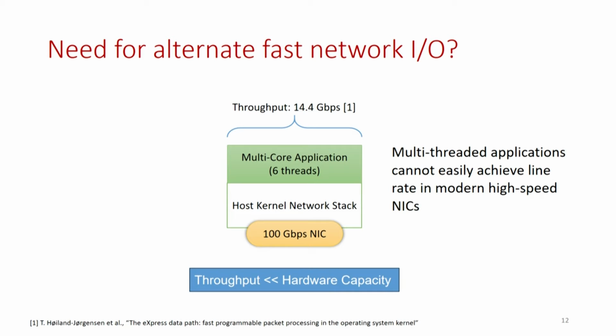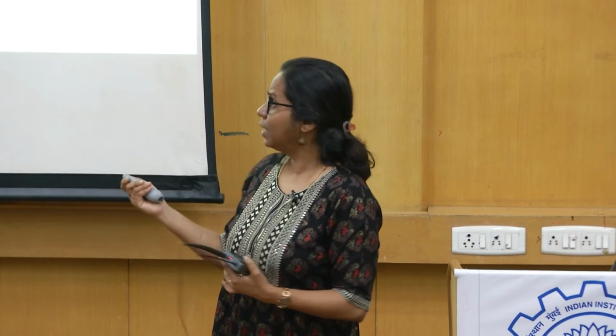From a recent paper, if you take a 100 Gbps network card and run a networking application on Linux that is simply reading packets, you can nowhere match the line rate, even with multi-threading and parallelization.